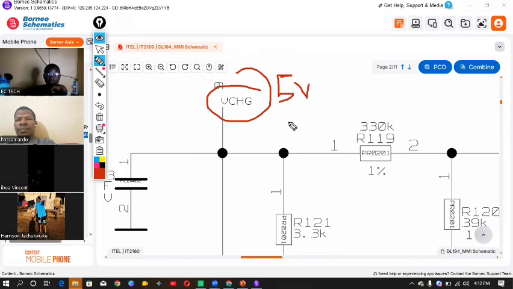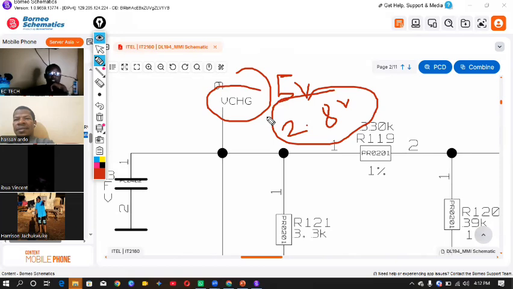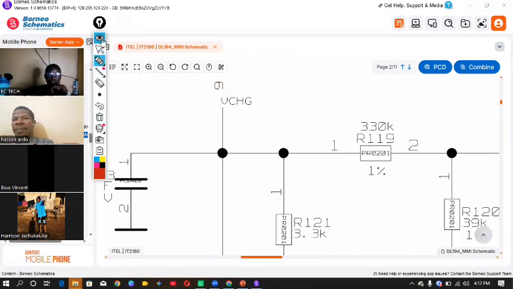Is it not greater than 2.8 volts? Yes, sir, it's greater than 2.8 volts. So definitely it's going to switch.